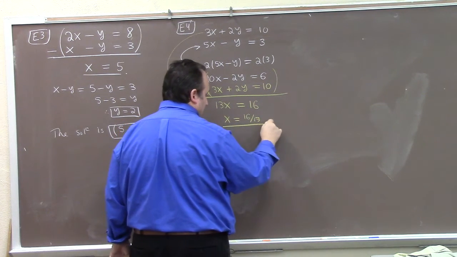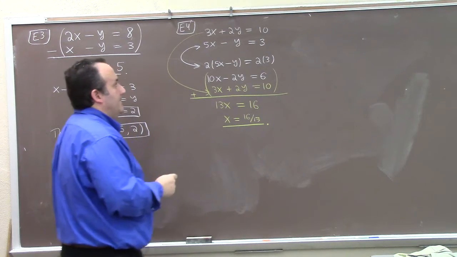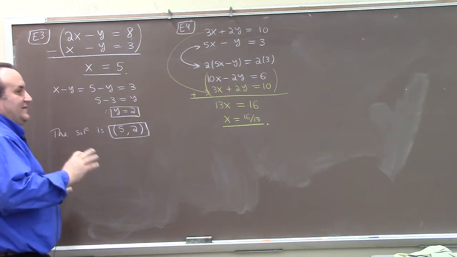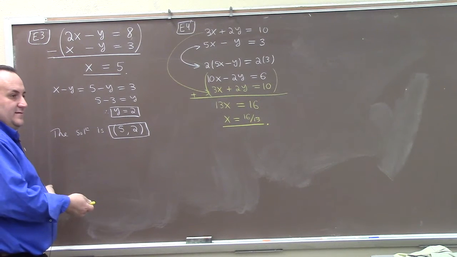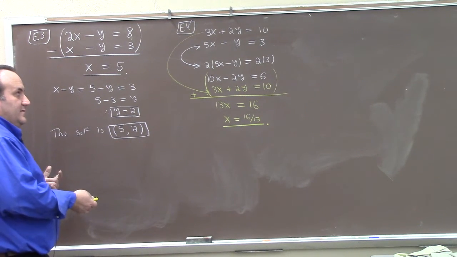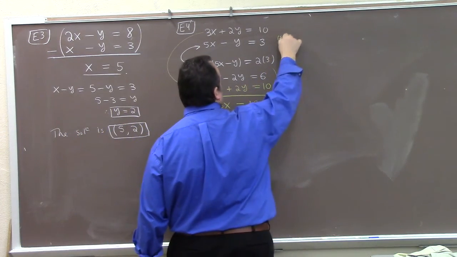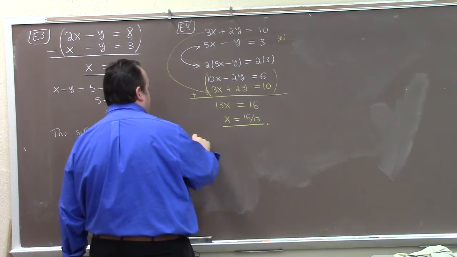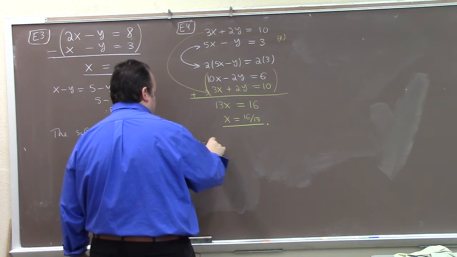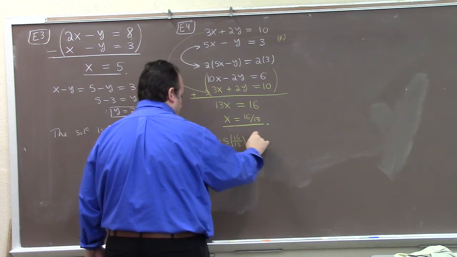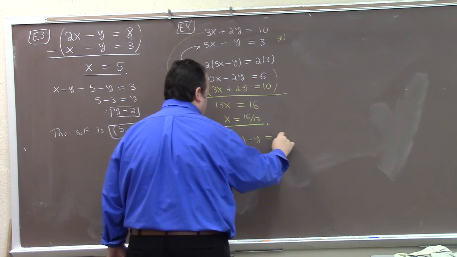Right? What's y equal to? Which equation is the laziest one to use to find y? Yeah, go back up to this one, right? So we get 5x minus y, which is 5 times 16 over 13 minus y, is supposed to be equal to 3.